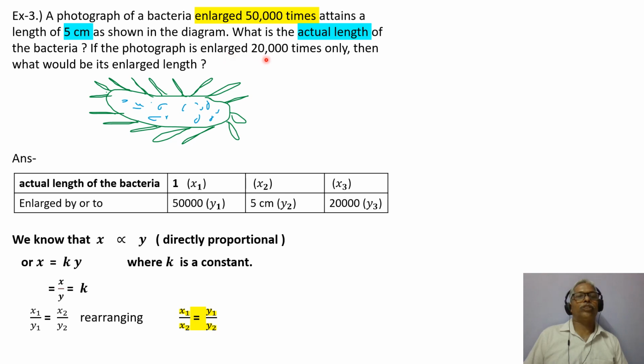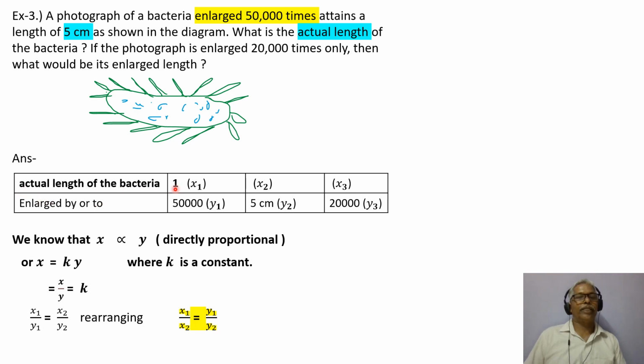We are supposed to calculate the actual length of the bacteria. If the photograph is enlarged 20,000 times only, then what will be the enlarged length? It may so happen that we don't have a powerful microscope, then instead of 50,000 we can only enlarge to 20,000, and the enlarged length will also be less. So we will prepare a table like this, so that the right value can be written in the right box.